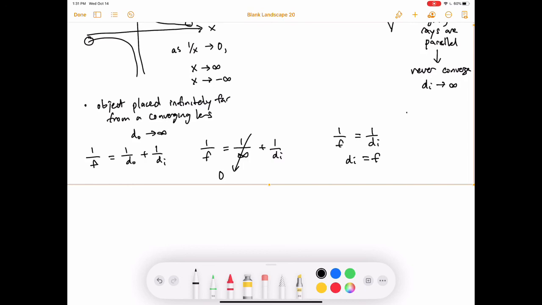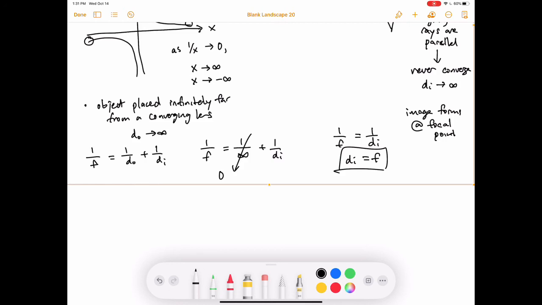So the image now forms at the focal point. So if your object is infinitely far away, the image will form at the focal point.